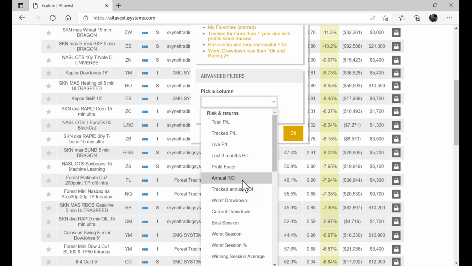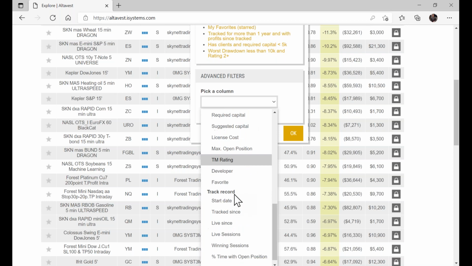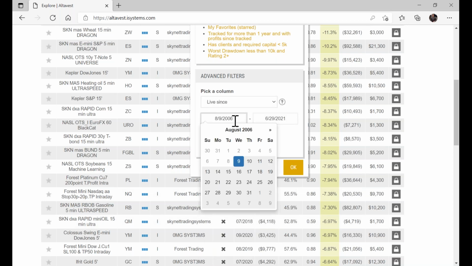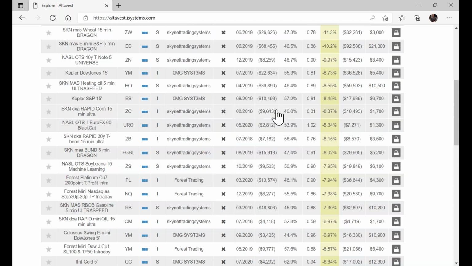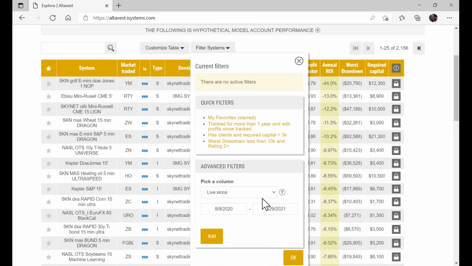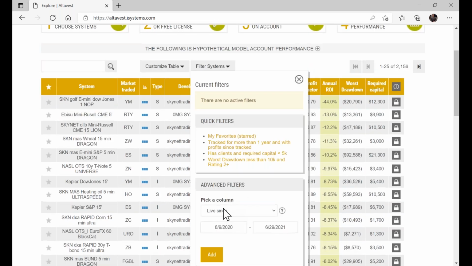So you can end up filtering, and by the time you're done, you have maybe just a handful of systems that meet the criteria that are most important to you. And let me run through here. How about trading live since last year till now? We'll add that. And let's go ahead. Oh, let me add that.